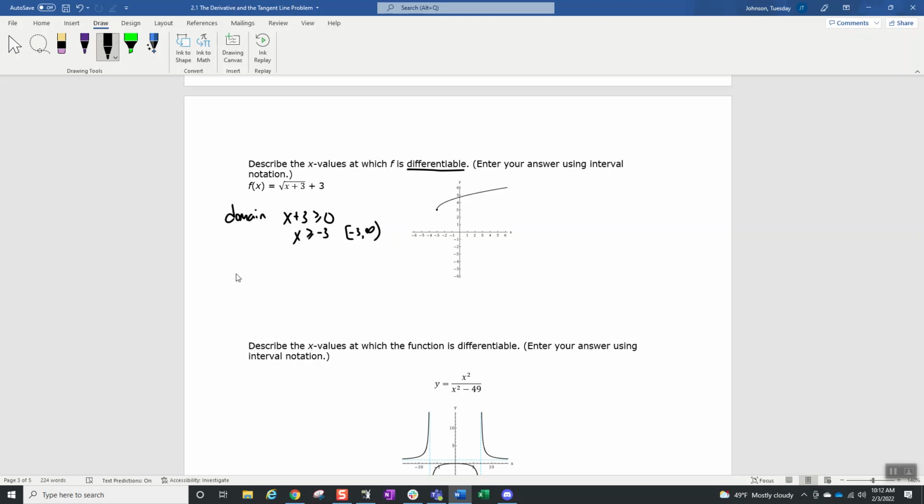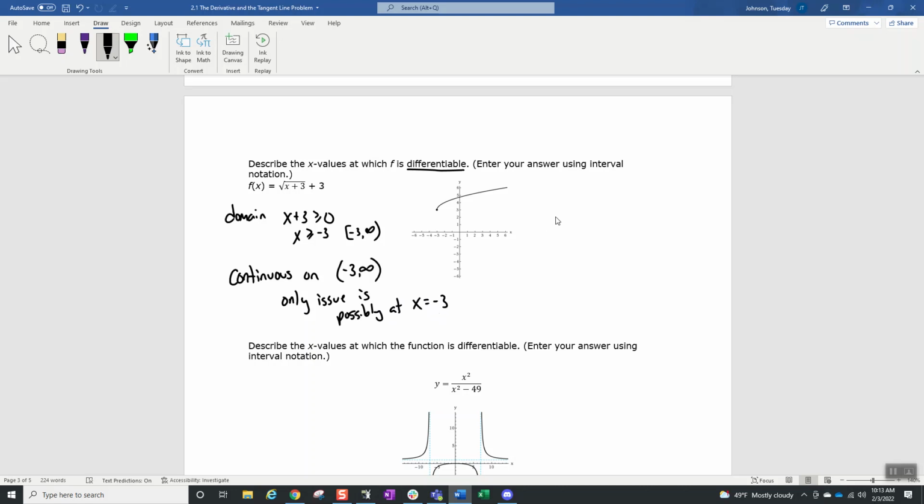And so I know it's continuous on the open interval from negative 3 to infinity. Only issue is possibly at negative 3.